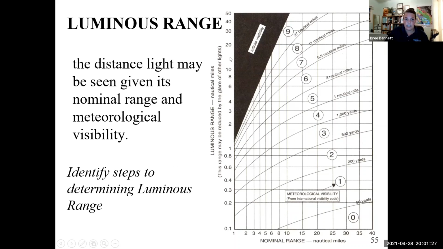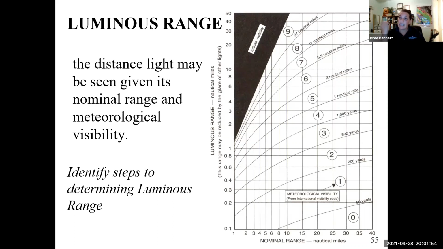Kind of a weird thing to think about, but just like a car. So when you think about visibility and you're driving in your car and it's raining, you can see an oncoming car's headlights before you see the car itself. So the visibility is telling you when you can see the physical car itself or that physical light.